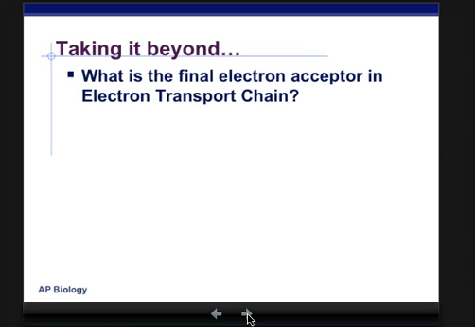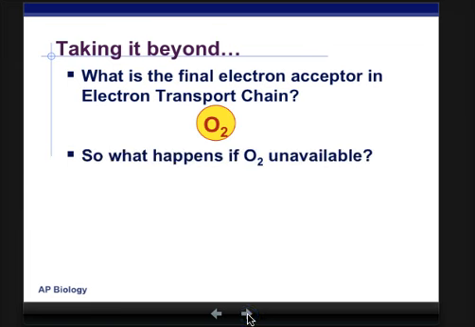All right, what is the final electron acceptor in the electron transport chain? Oxygen, okay? So what happens if no oxygen is available?